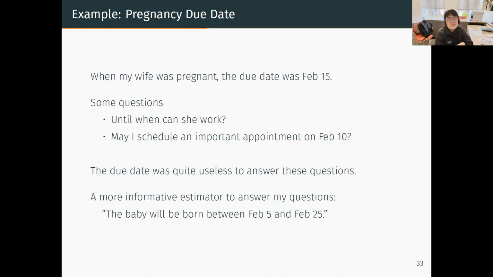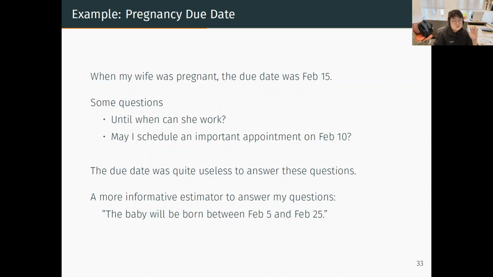We would like to estimate the due date, the expecting date. The problem is, even though the due date was February 15th, it doesn't imply the baby will not be born on February 14th or earlier, right? So we know that the due date is just an estimate.